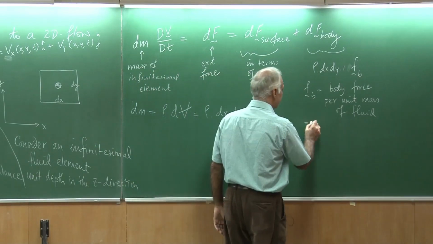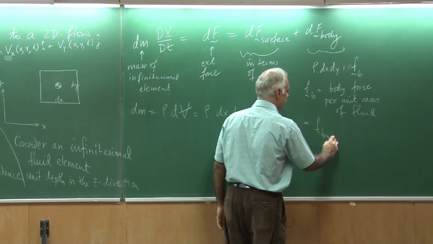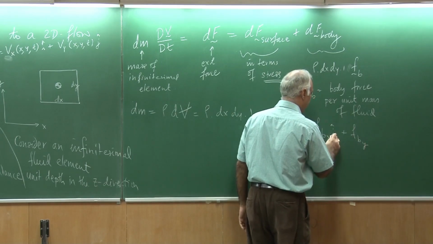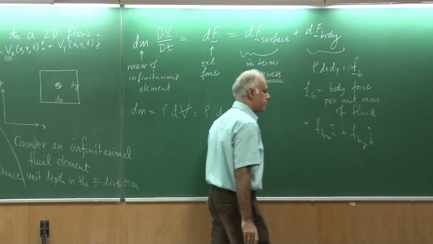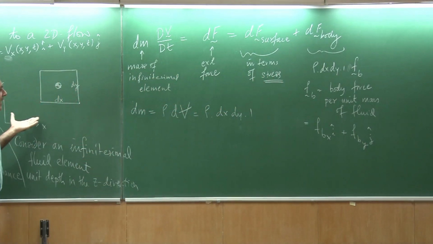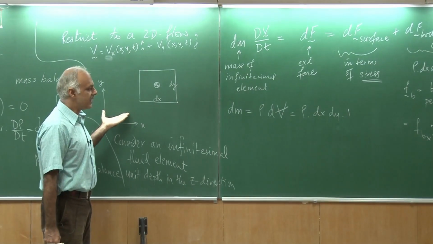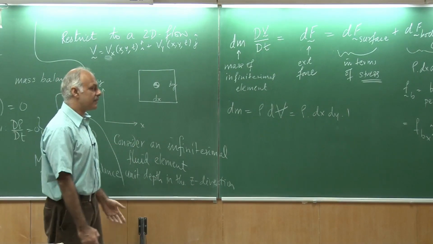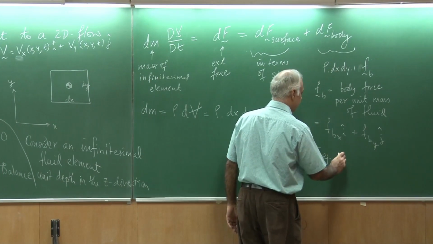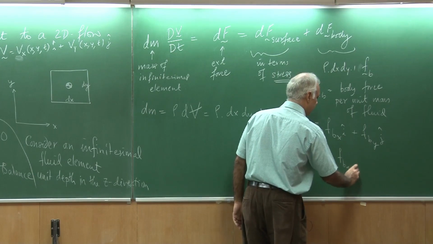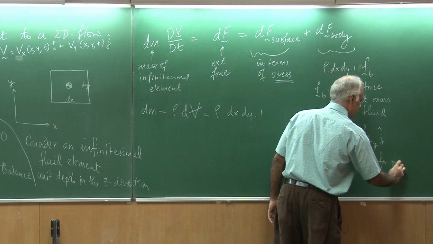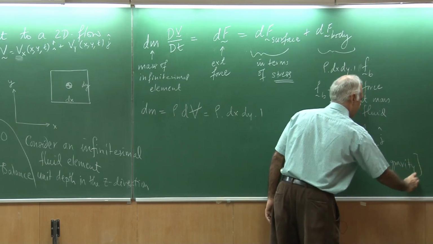This Fb, I could further write it as Fbx i plus Fby j. Okay? And as I just mentioned, if I want to look at gravity, then Fby, for example, could be equal to minus g for the acceleration due to gravity.